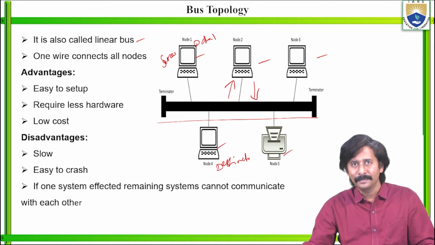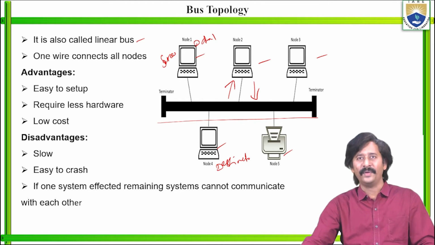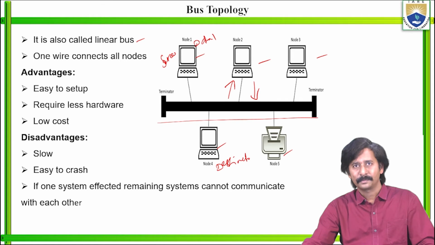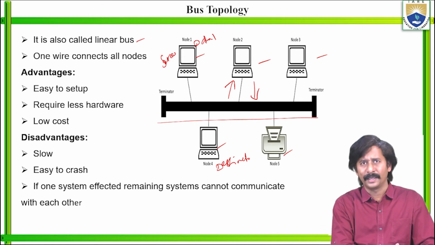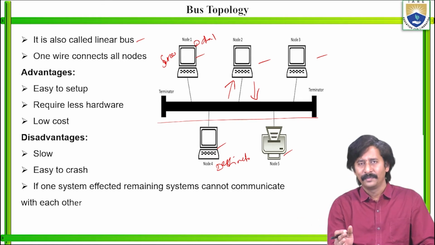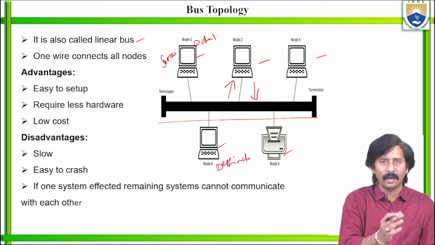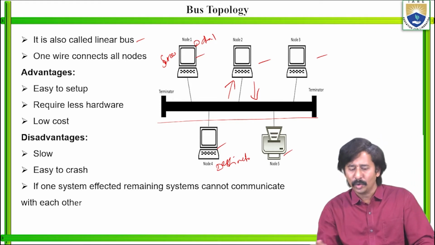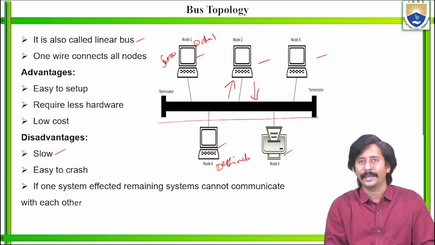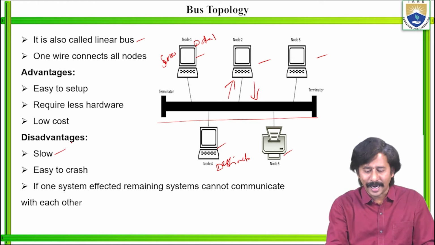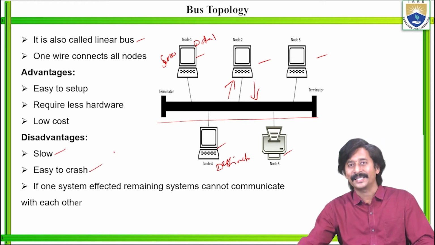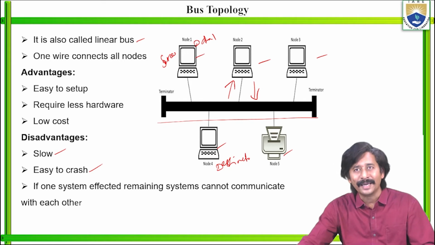So automatically there is data traffic, one by one. The bus is capable of transmitting data only in a serial fashion, so it is slow when compared to the remaining topologies, and easy to crash. That is another drawback. Easy to crash.